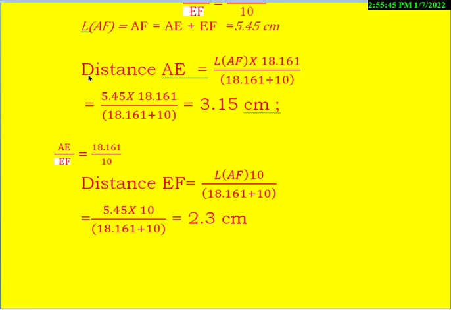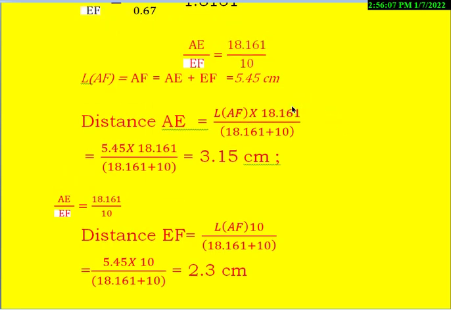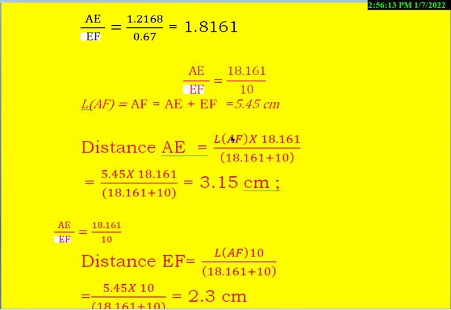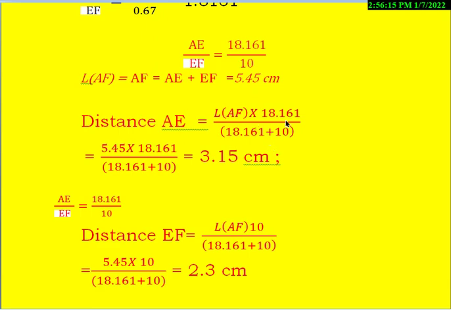So to get the rotor copper loss, which we represent on the circle diagram as AE, we calculate like this. We know the total distance from A to F, that is total copper loss, and we know the ratio of AE by EF, that is rotor copper loss to stator copper loss.